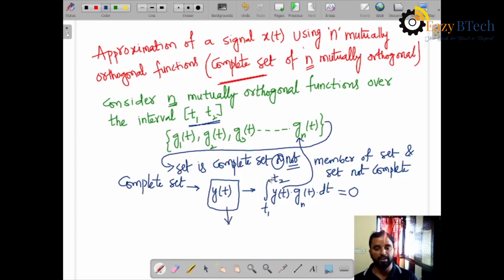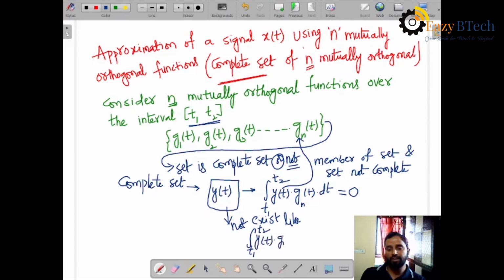So y of t should not exist like integral t1 to t2 y of t gn of t dt is equal to 0.